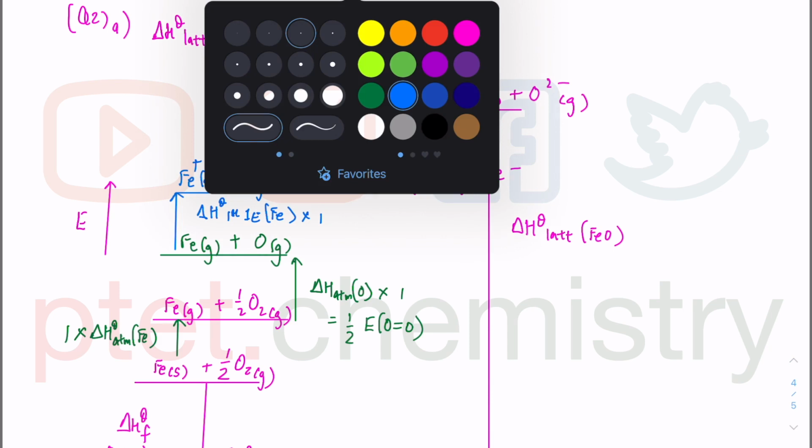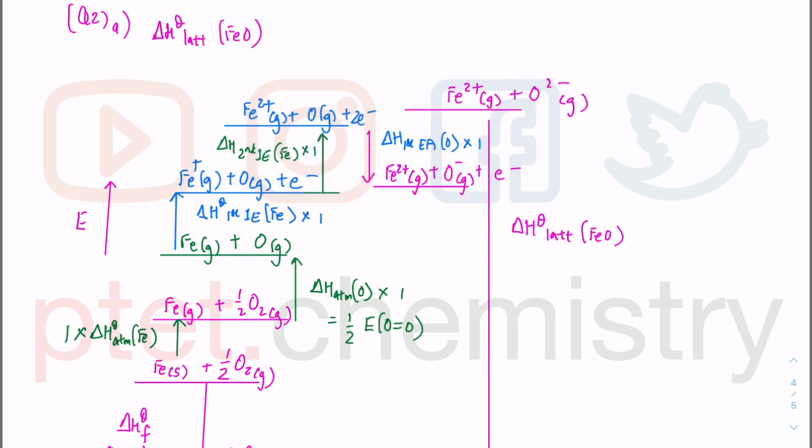And then it so happened that the second electron affinity, which is basically O minus going to O2 minus, so that is your second electron affinity of oxygen multiplied by 1, is endothermic, but the first one is exothermic, because the atom itself likes to gain an electron.